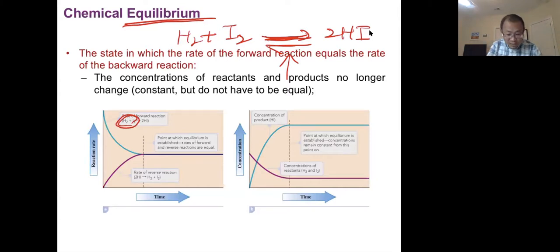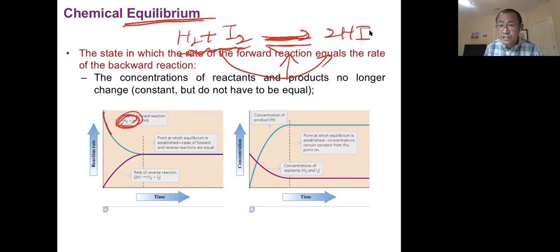So if these two go forward, the concentration of these two will decrease, right? Because they're converting to the product. This is what happened here. Take a look. See the chart? There are two decreasing.